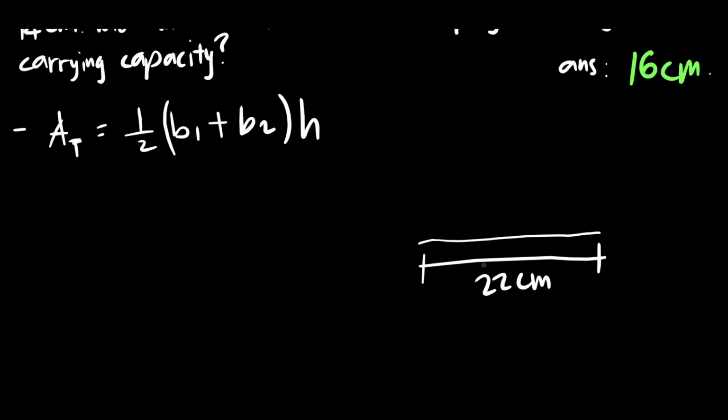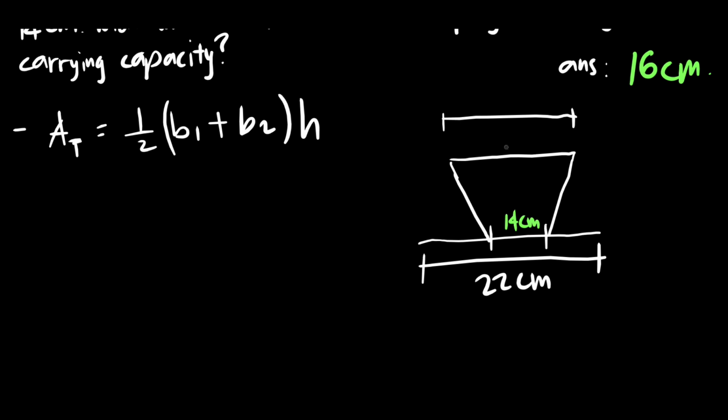So let's say this is the trapezoid. The length of the base here is 14 centimeters. So we have this is 14 cm, and we are trying to find the length of this one.